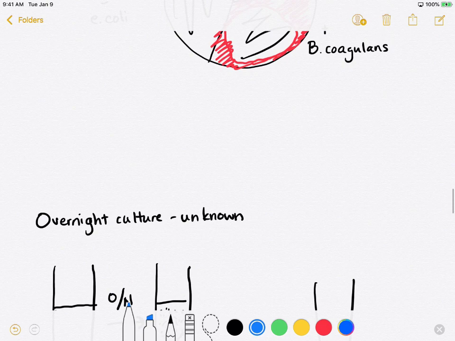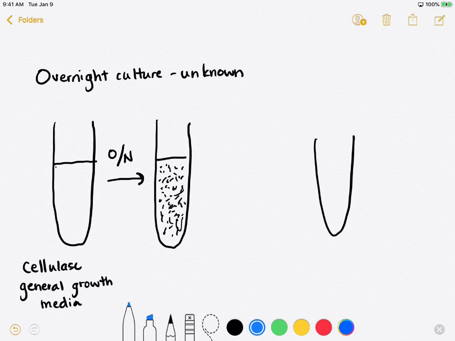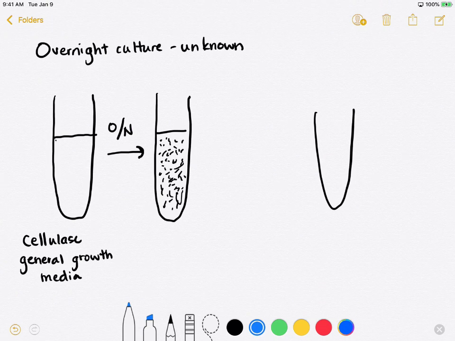From here, you then went to your overnight culture that you had made of the unknown. In Unit 8, you had taken some cellulase general growth media and you had put in one bacterial colony. You had allowed this to grow overnight, so that bacterial colony had reproduced all night long. And as that bacterial colony was sitting in the cellulase general growth media, that bacteria was producing the enzyme cellulase.